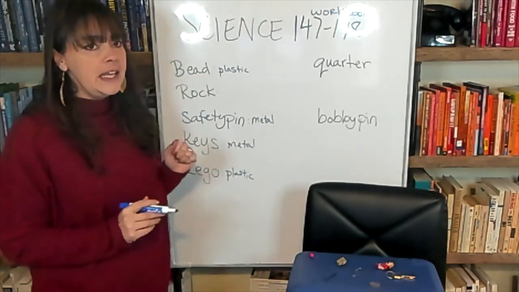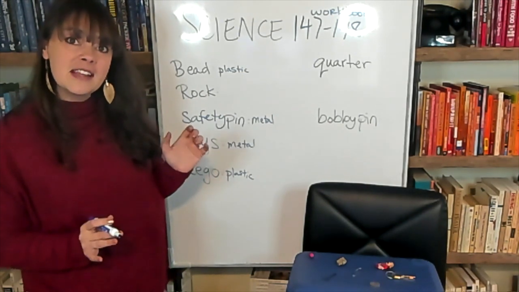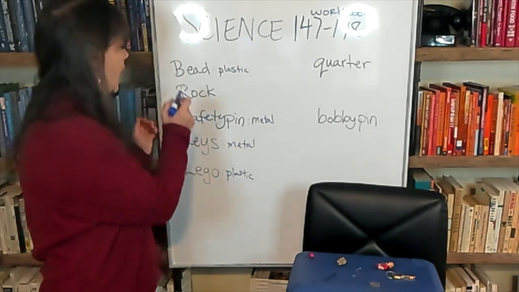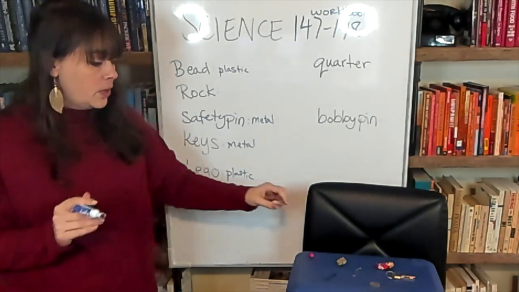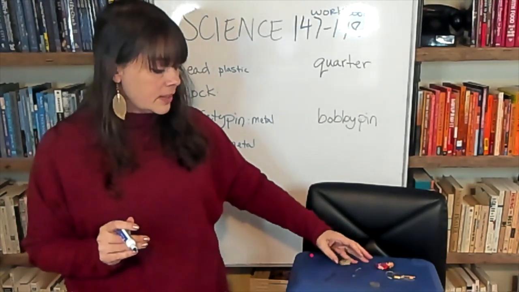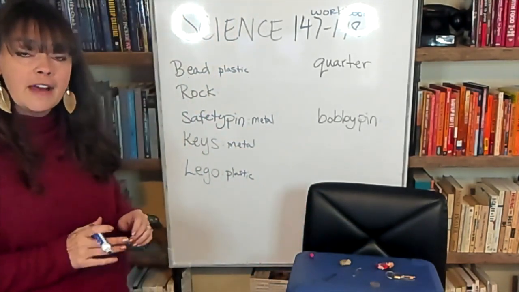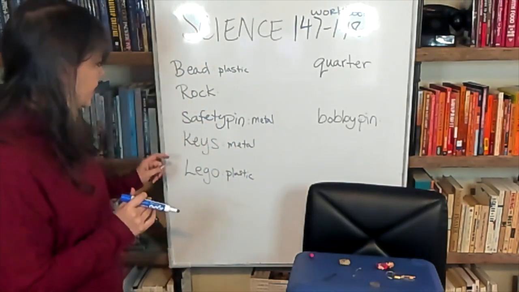Okay, so we have bead, it's plastic. Would we circle that? Do we guess that that will stick? I don't guess that it will stick, so we're not going to circle it. A rock. Now, we don't actually know what this rock is made of. Some rocks might be metallic, might have magnetic properties. I don't think this one looks like it.